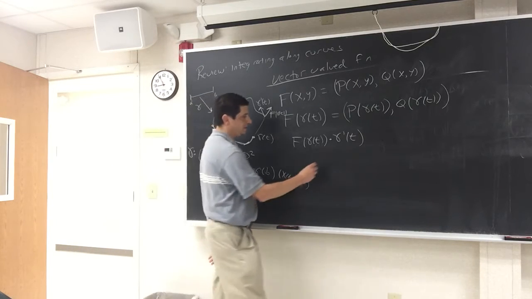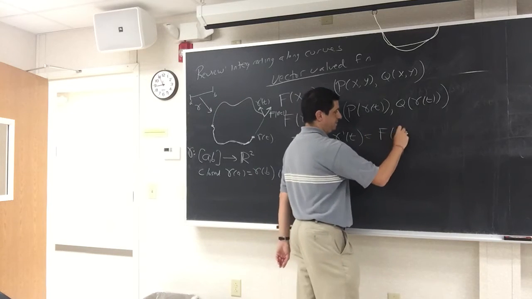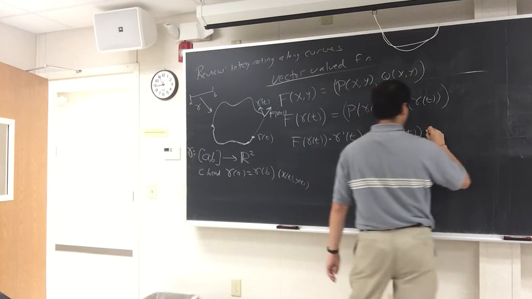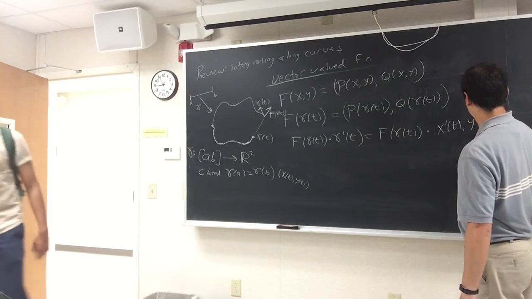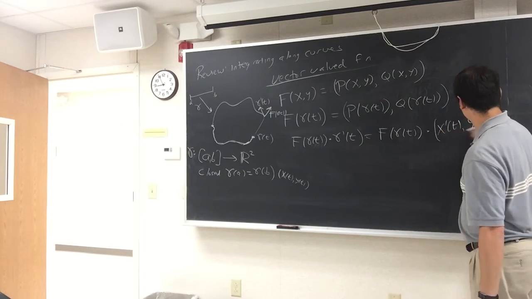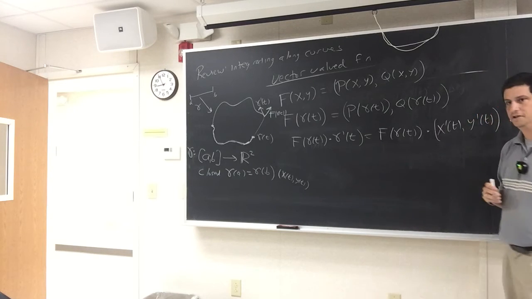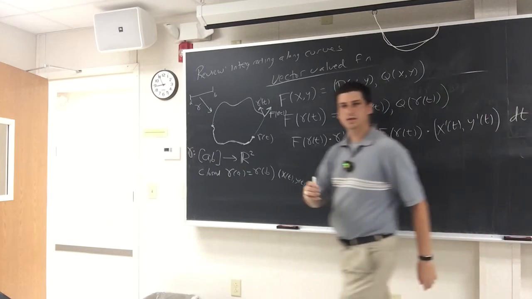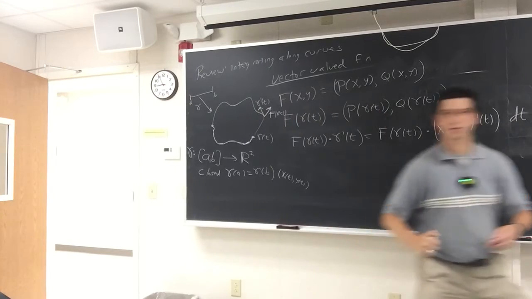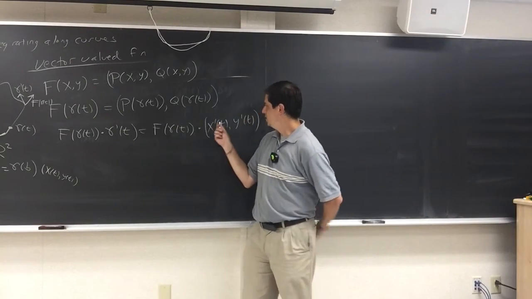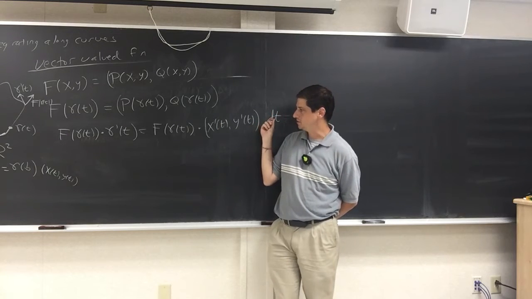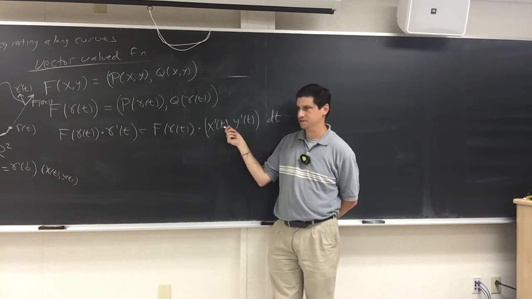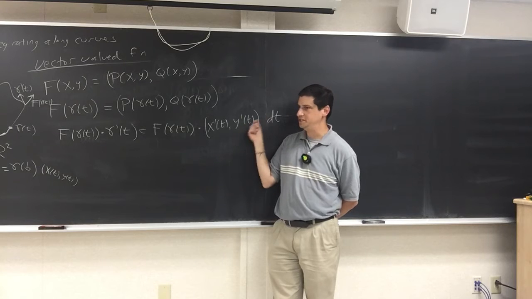We can write this again as f of gamma of t dotted with x prime of t, y prime of t, dt. Now this is dx over dt times dt, that's going to be basically my dx. And dy over dt dt, that's going to be my dy.